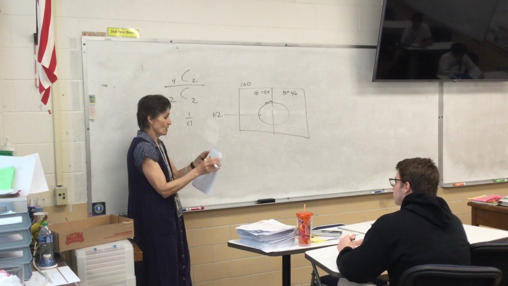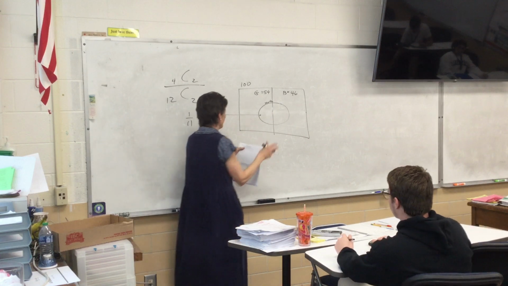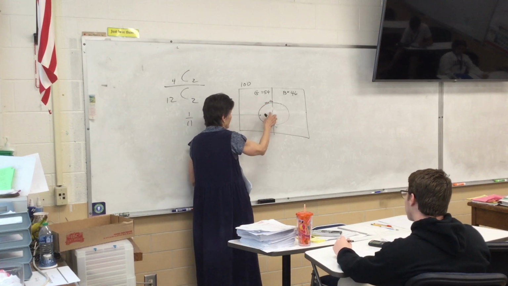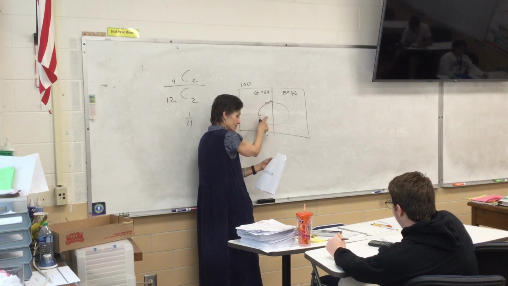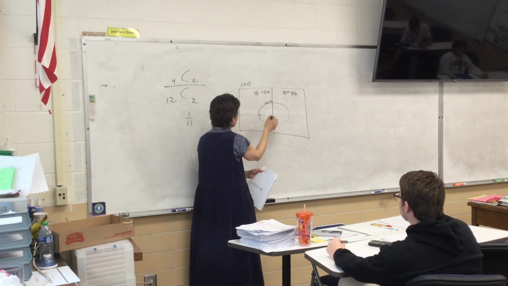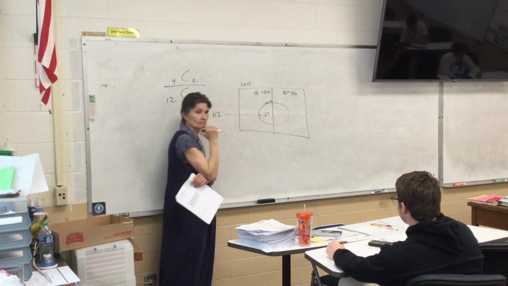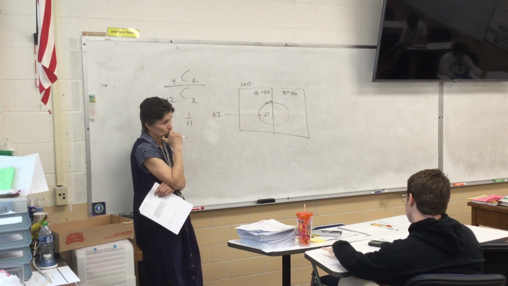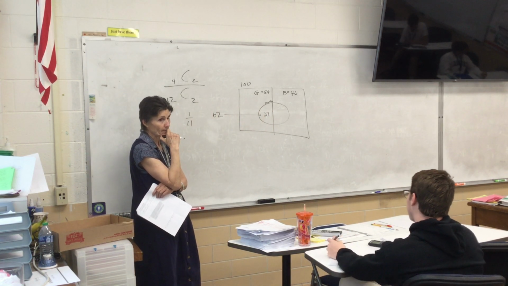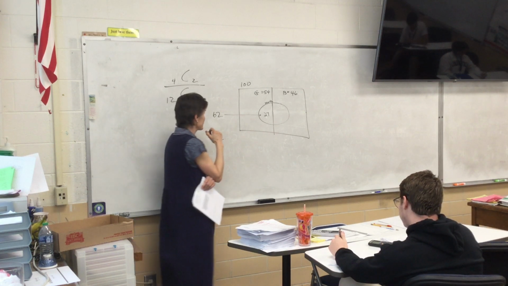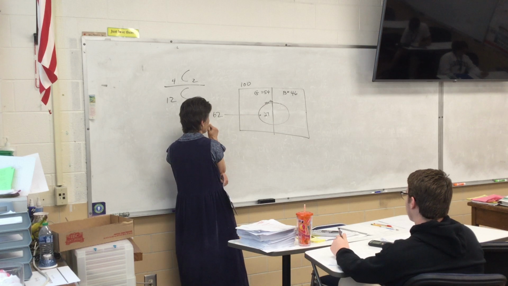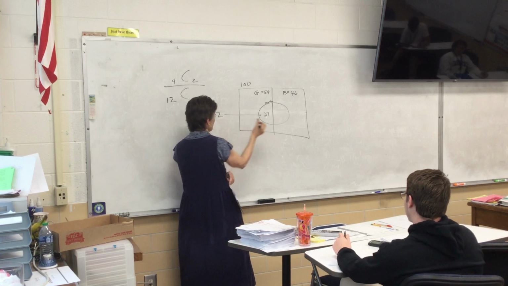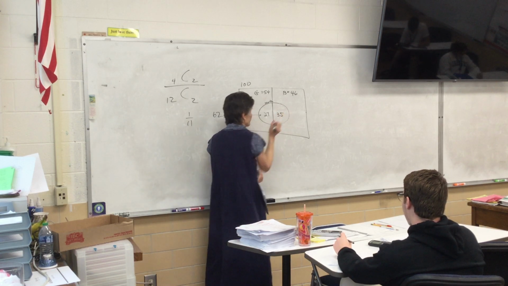But we also know that the girl side of the circle is 27. Are you following? So what is the boy side of the circle? Since we know the whole thing is 62, the boy side must be 35.